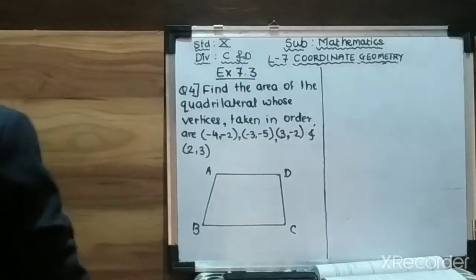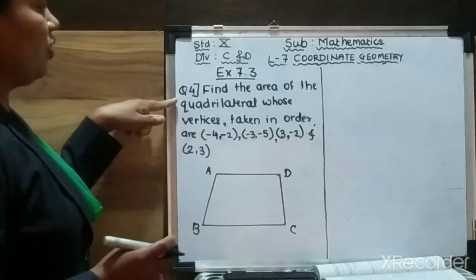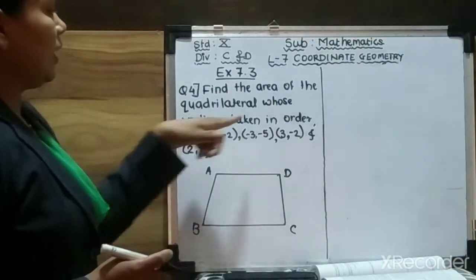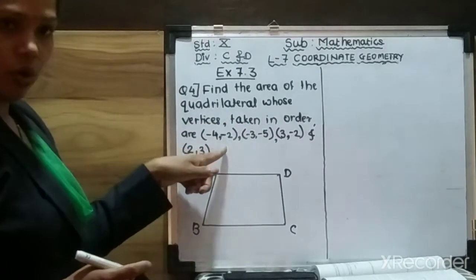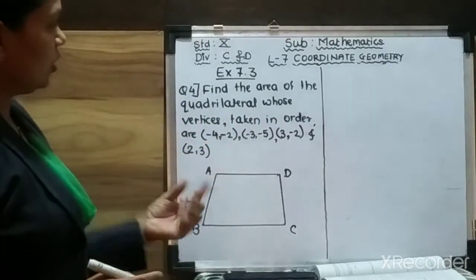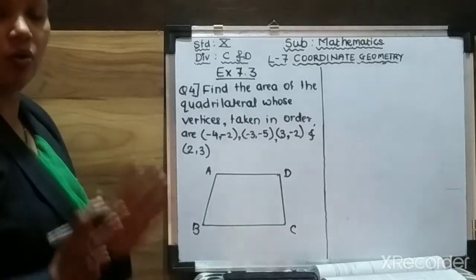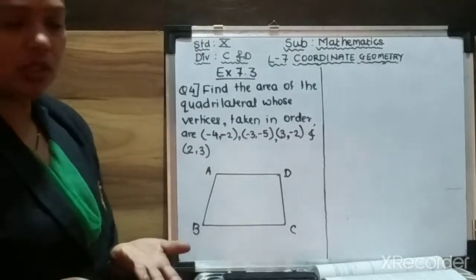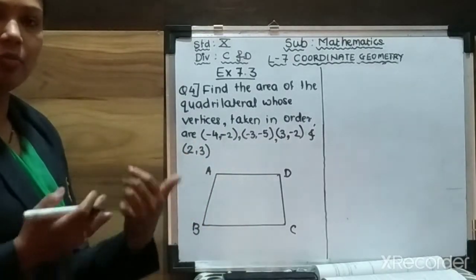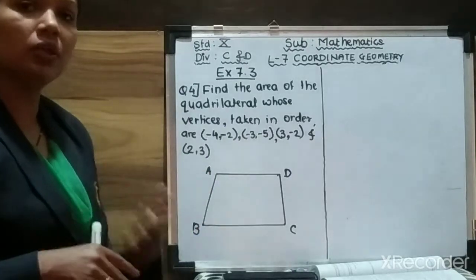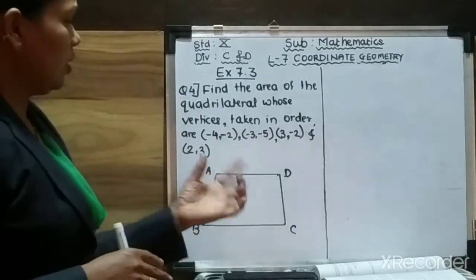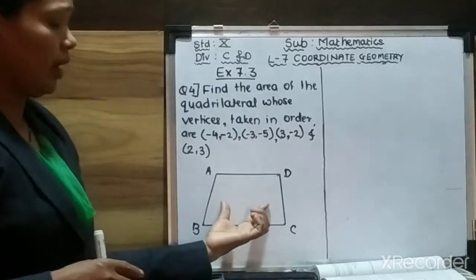See, the question I have written here: find the area of the quadrilateral whose vertices are taken in order. So I have drawn here any one quadrilateral. It may be a parallelogram, a rhombus, square, rectangle, whatever. So we have drawn the quadrilateral this way.